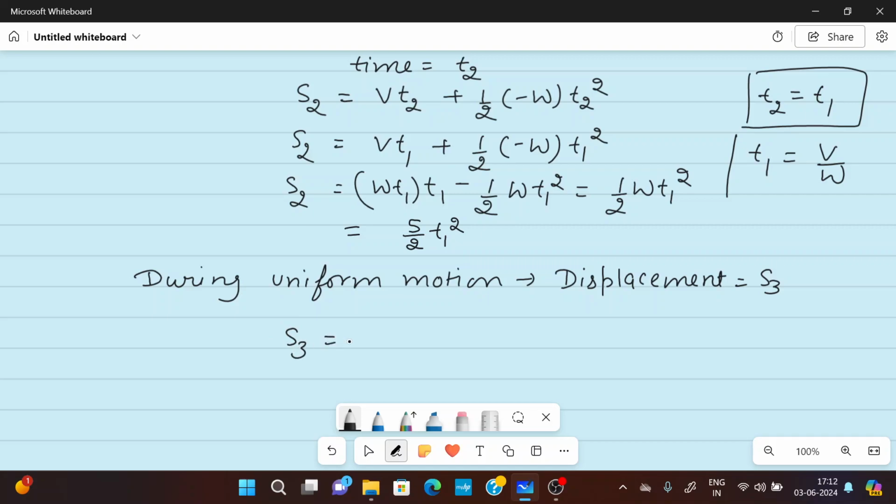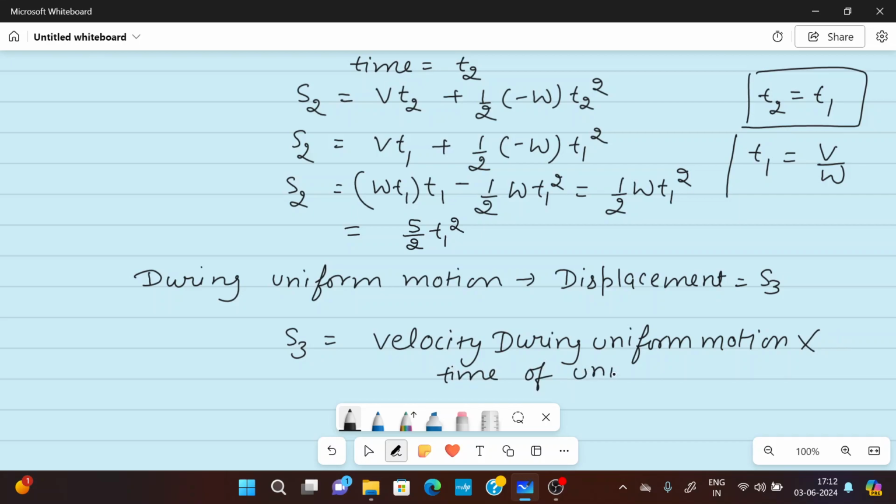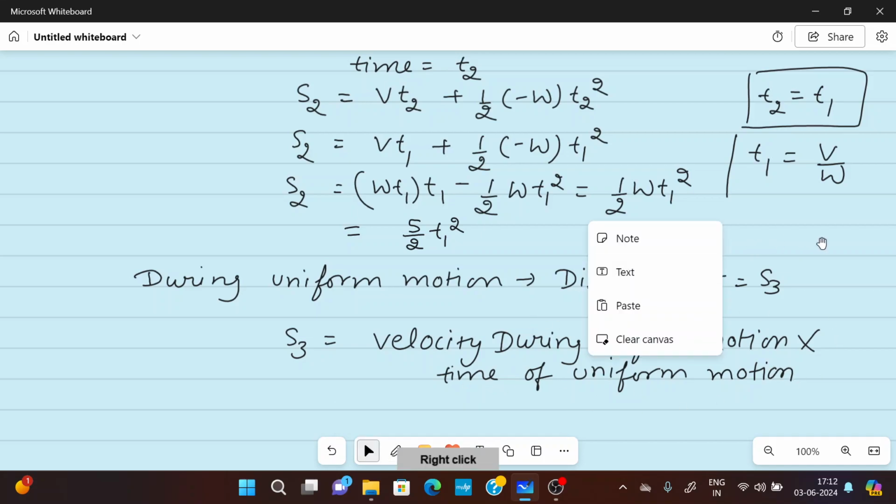So S3 will be equal to velocity during uniform motion into time of uniform motion. So this is the formula for displacement during uniform motion.